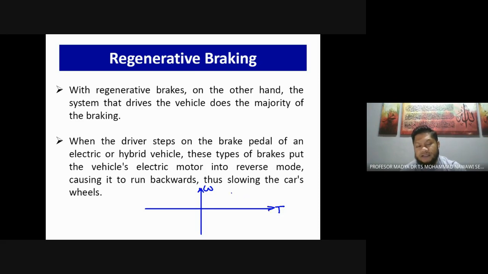So you have this as quadrant number 1, quadrant number 2, 3, 4. So this is motoring, and this is braking.